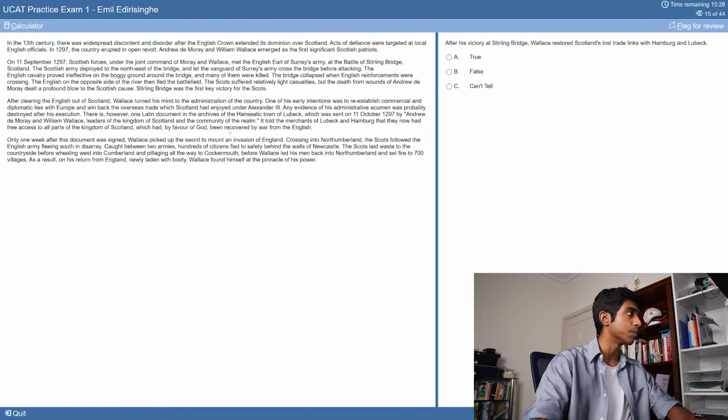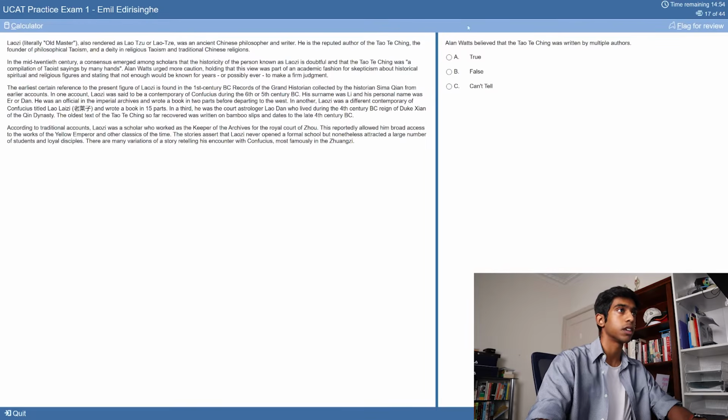Now had free access to all parts of Kingdom of Scotland, which had been recovered. Wallace's army caused English people to flee on these 3 occasions. Okay. Fleeing south. So there was one here, fleeing south here. I think there's only 2, so I'm just going to say can't tell, and this one. I haven't read anything about this, so I'm pretty sure it's can't tell as well.